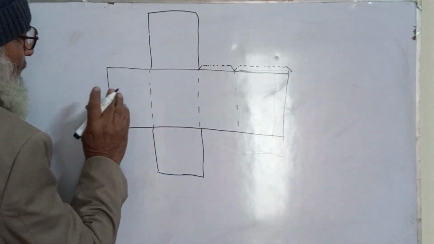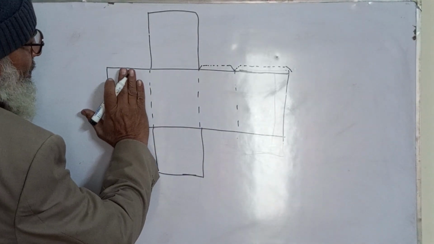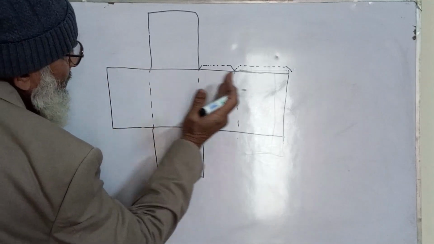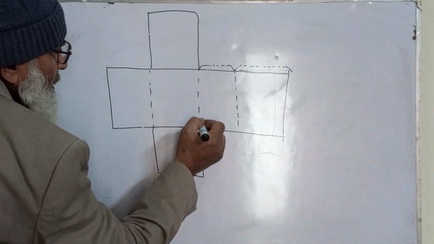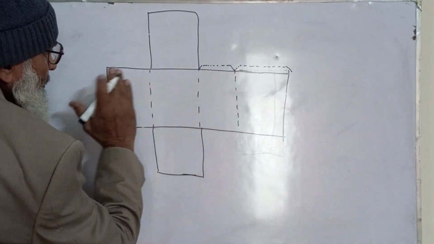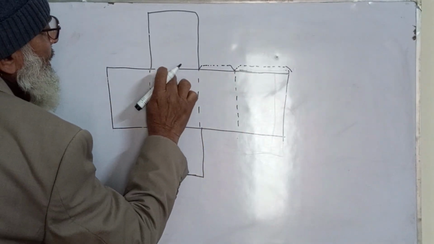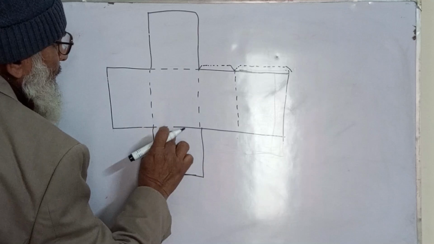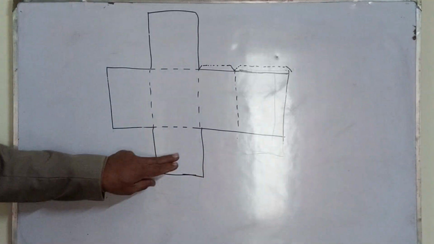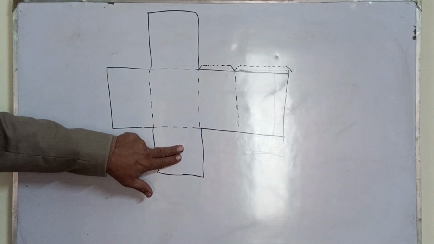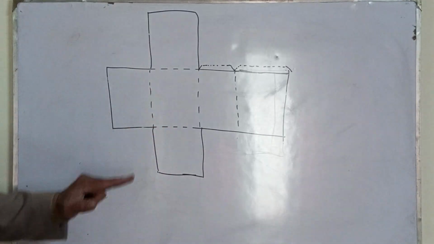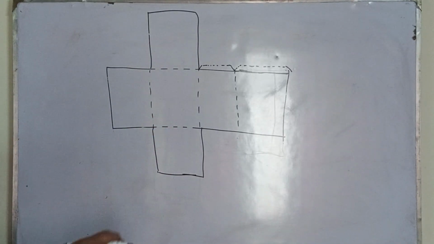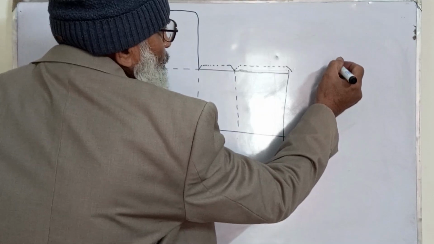So you can turn this page from the dotted lines, from here to here, and this is again a dotted line, and you can fold this page in this direction and this in this direction, and in the end, what you will get is a cube.